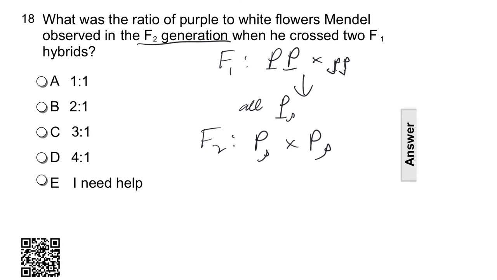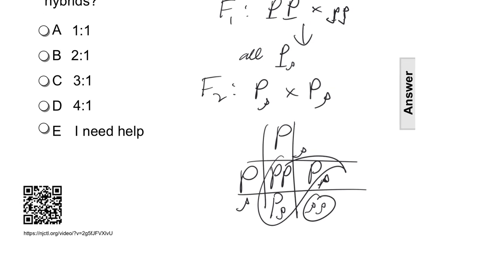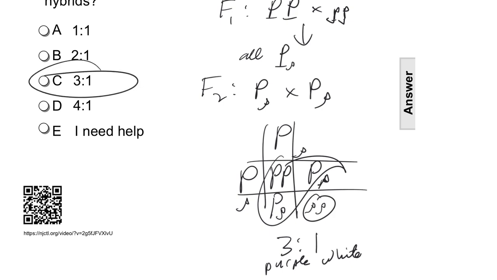And you should know by now, I'll do the cross. That would be big P big P, big P little p, big P little p, little p little p. So that'd be a 75% to 25% ratio of purple to white, or a 3-to-1 ratio of purple to white. Ding.